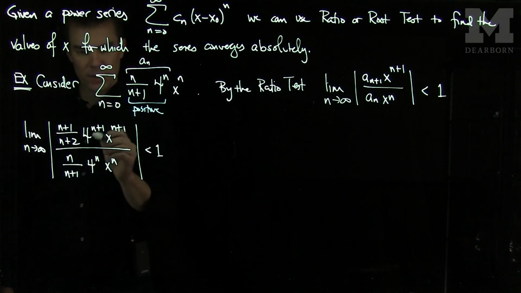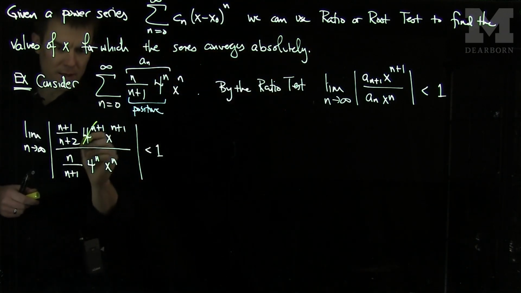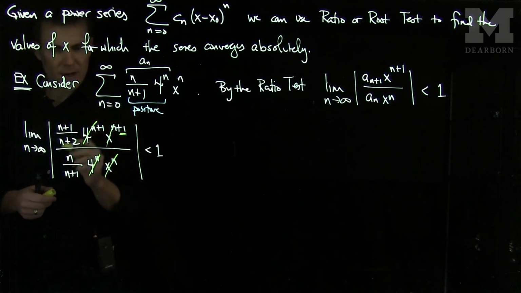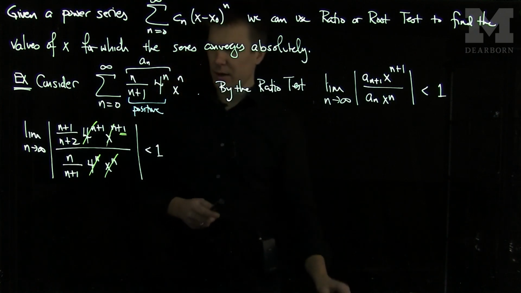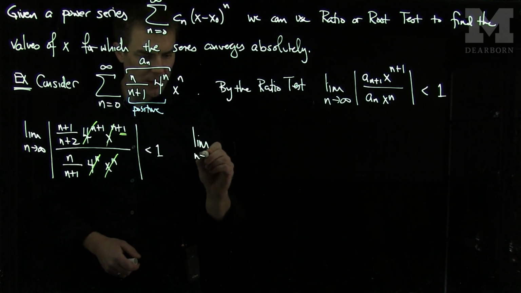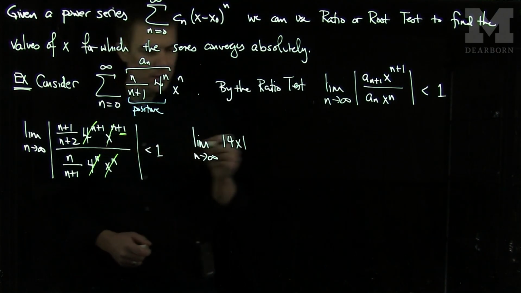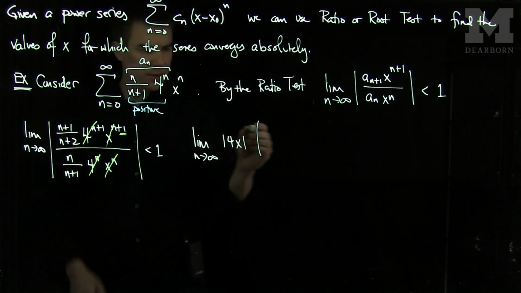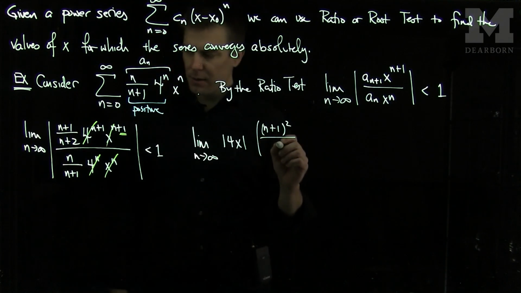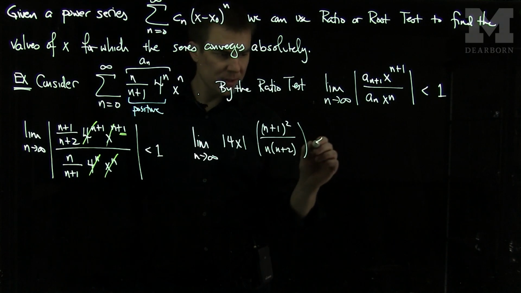Now lots of things will cancel here. The 4 to the n cancels with the 4 to the n, and the x to the n cancels with the x to the n, so there's one power of x left. I'll pull the 4x out, and then the ratio is n plus 1 squared over n times n plus 2, and I want this to be less than 1.